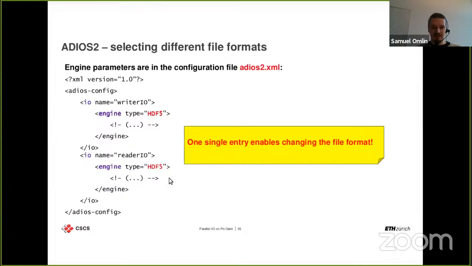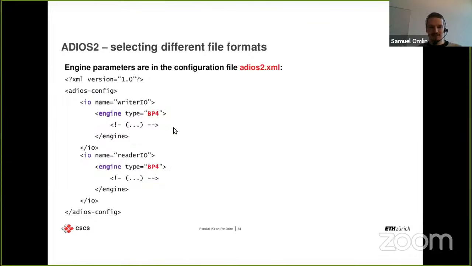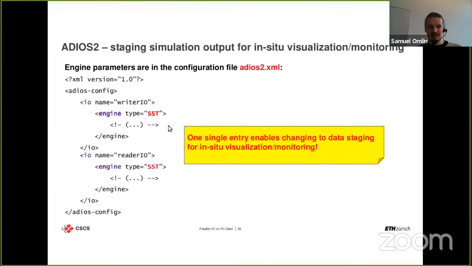That's how you do it. You just change this to SST and you're done. So you have one single code to declare what you write and read, and then you can switch between different file formats, and even switch to data staging.